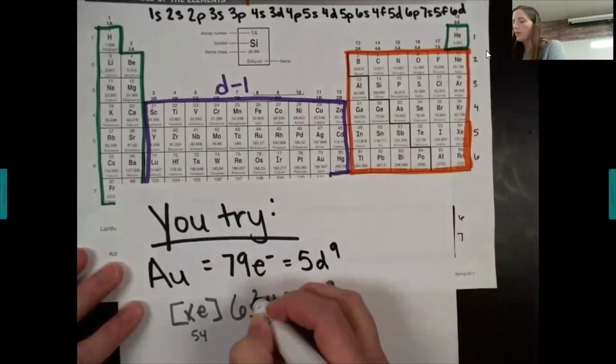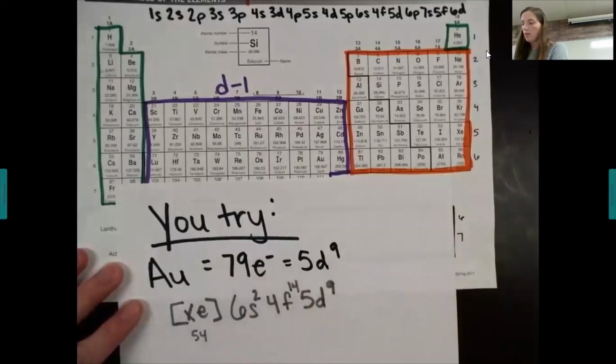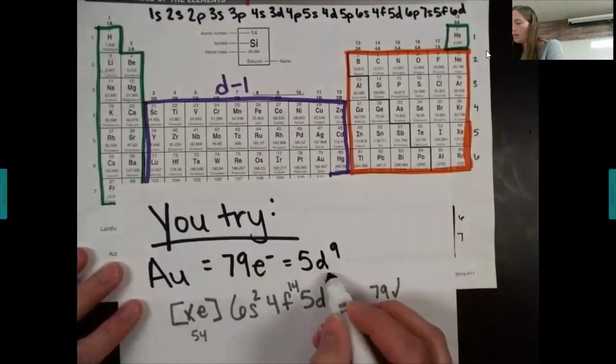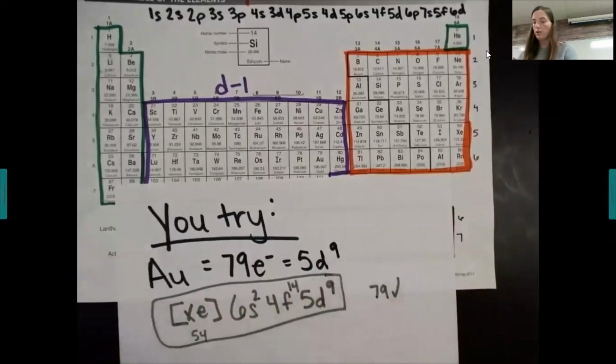We remember that s's hold 2, and we talked earlier how f's hold 14. So when we do 54 plus 2, that makes 56, plus 14 is 70, plus 9 is 79, which is how many that we need.